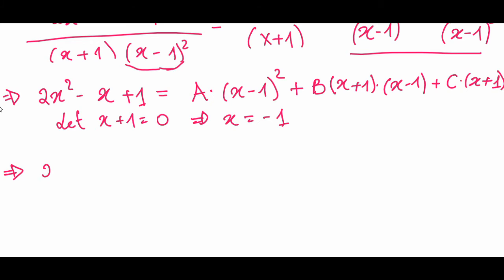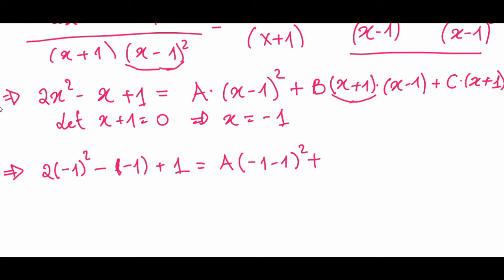So I will obtain 2(-1)² - (-1) + 1 is equal to a(-1 - 1)² plus, since here I have b(x + 1), this is 0, so I obtain 0, plus this also is 0.